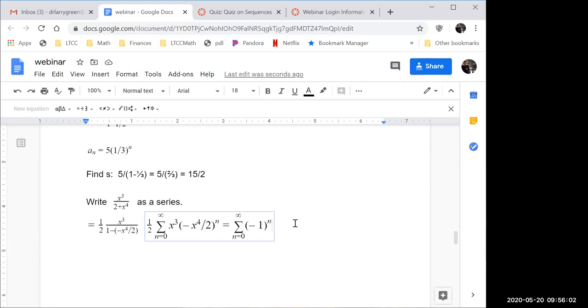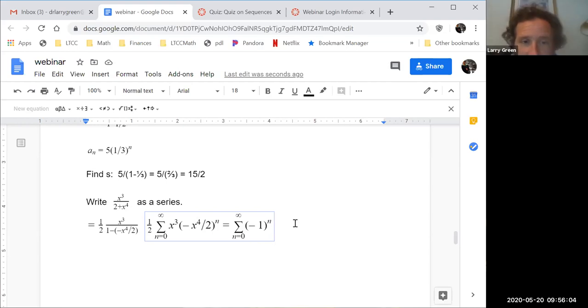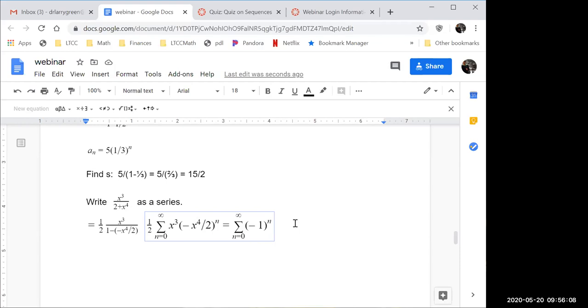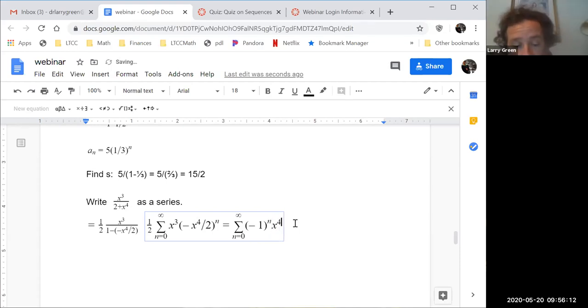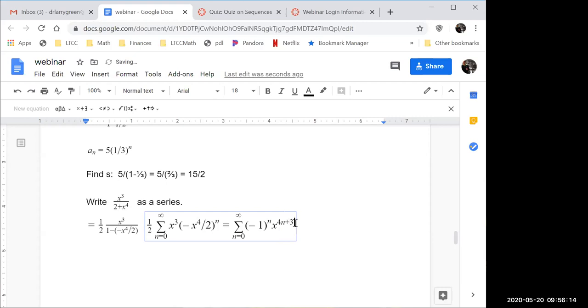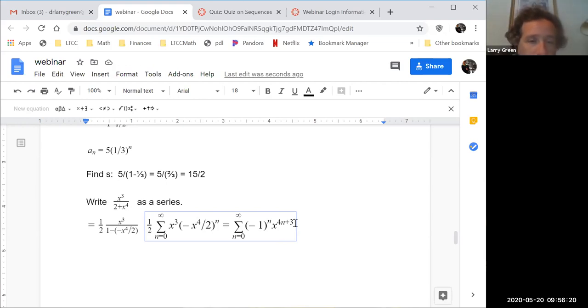And now let's look at the power of x. Well, we have x to the 4 to the n, which is x to the 4n, but then we have another 3, so that's going to be x to the 4n plus 3. And then we have a 1 over 2 to the n, but we have another 1/2.